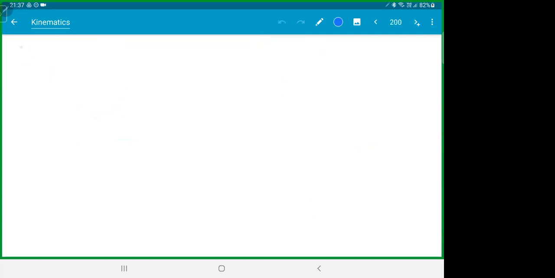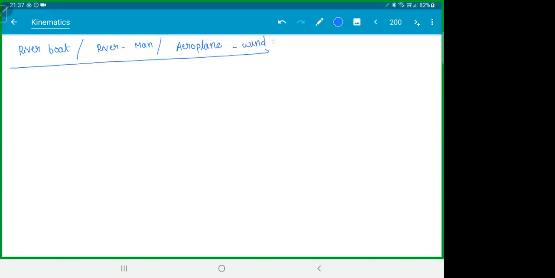Riverboat, or rainman, riverman, or aeroplane man. Meaning all are based on the same concept here. Now, what is the main idea here?